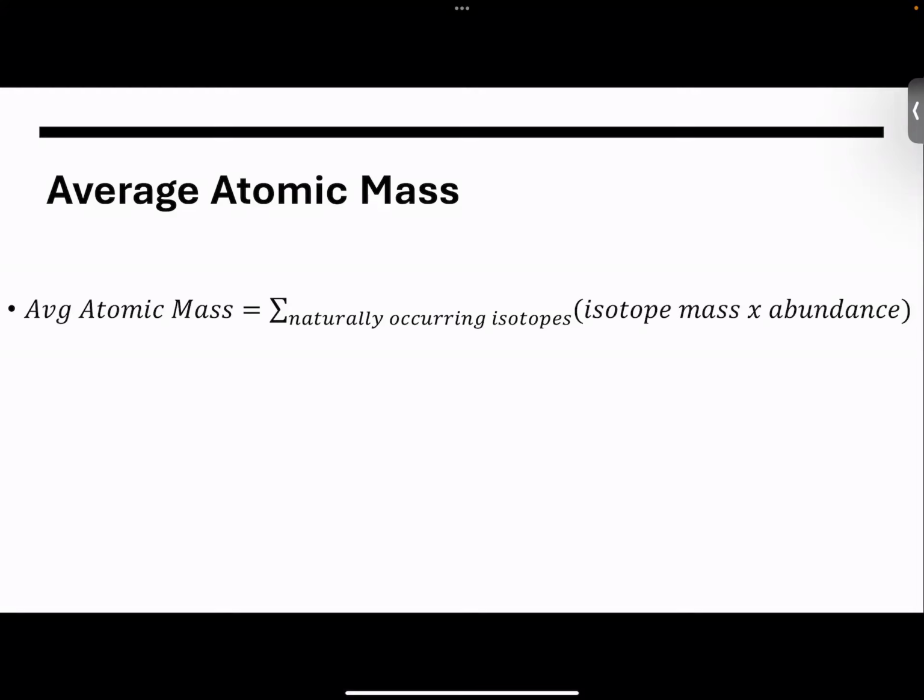I did provide this equation on the test, even though originally I did not provide it on your formula sheet. I did wind up including it on the test. Again, the average atomic mass is equal to the sum over all naturally occurring isotopes of the isotope mass times its abundance. The easiest way to deal with this is to see it in action. So that's what we're going to do next.